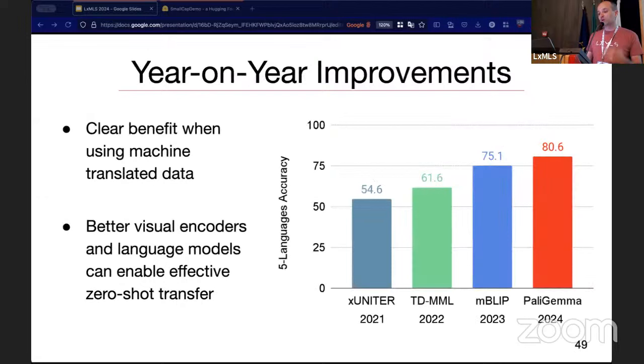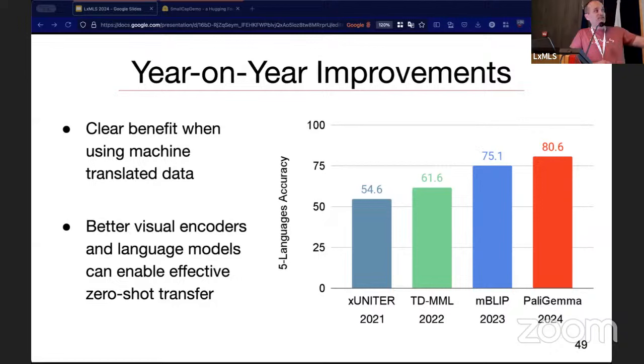And what we see, if we look at this, is steady year-on-year improvements in trying to solve this problem. There is a clear benefit when you use machine-translated data. This was going from 2021 to 2022. And then when we take this forward into 2023 and we use some of the advances that you find from state-of-the-art large language models and better visual encoders, the performance jumps up substantially.